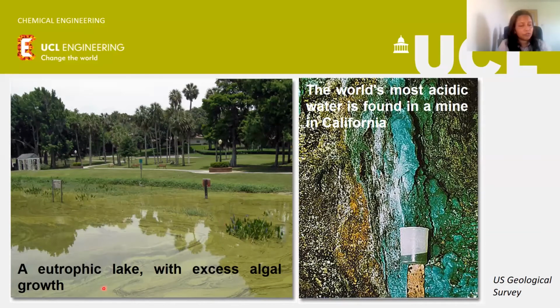We don't want a eutrophic lake like that with excessive algal growth that affects the water quality. The reason for this kind of excess algal growth is that it has too much nitrogen, too much phosphorus, too many nutrients that promote the growth of this algae. And we do not want this acidic water because it's contaminated with different elements that are harmful for us, not just arsenic. We've been talking about arsenic in the previous slides.